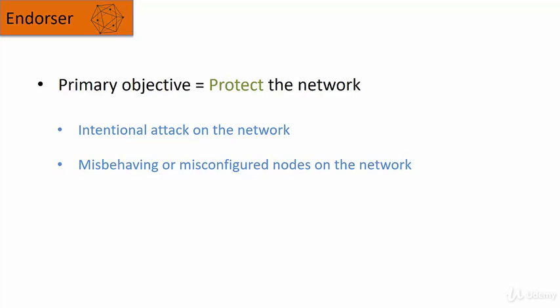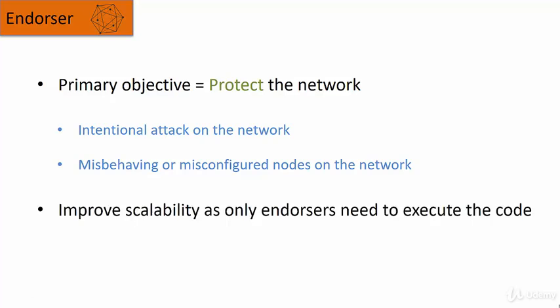And since every member organization is responsible for configuring their own nodes, which are peers, there is a possibility that a misconfigured node may be unintentionally added to the network. Another advantage of this mechanism is that only the endorser needs to execute the chain code, and this will improve the overall scalability of the infrastructure, since there is no need for all nodes to execute the chain code.